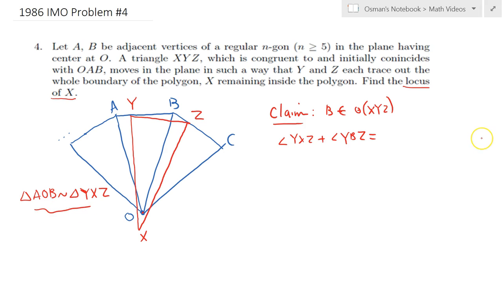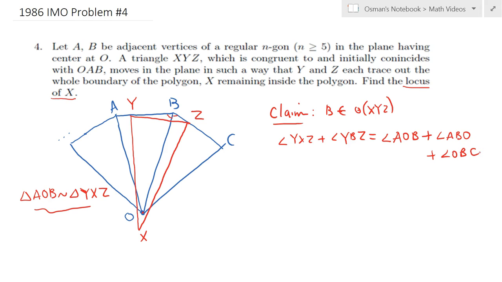So therefore I will replace the first angle here, YXZ, with AOB, plus, for the second angle YBZ, obviously you can split it up into two pieces here, which is angle ABO plus angle OBC.